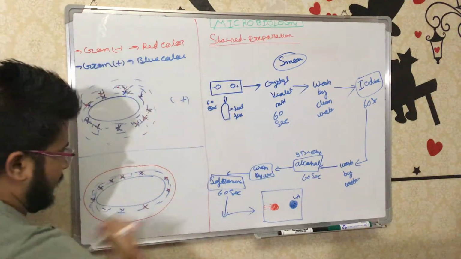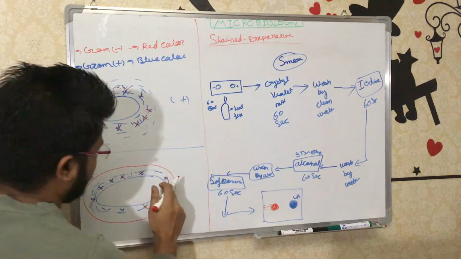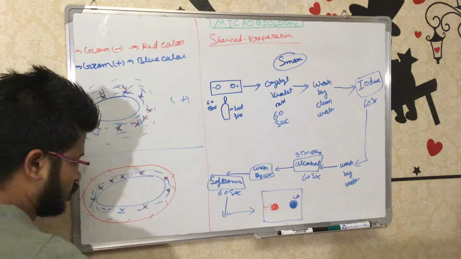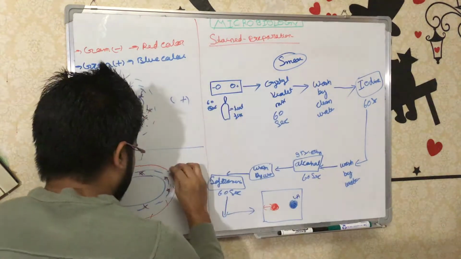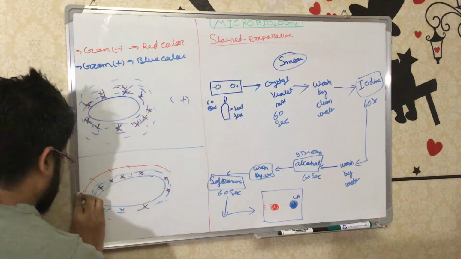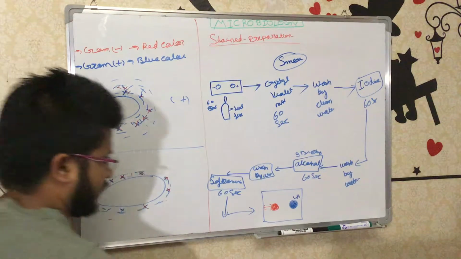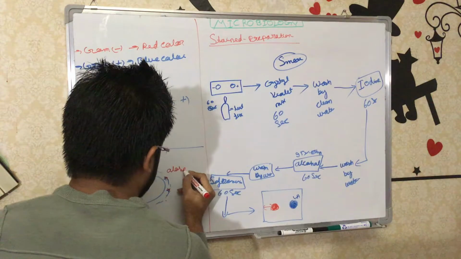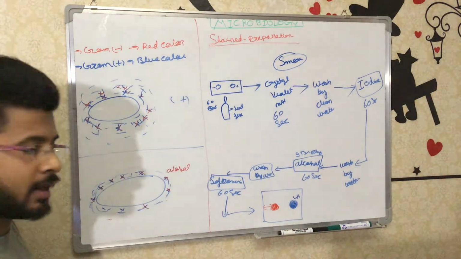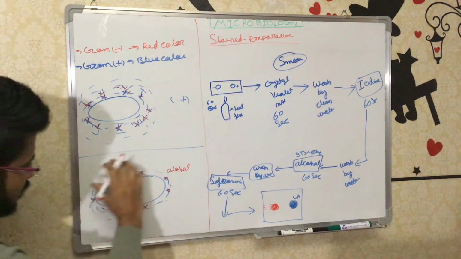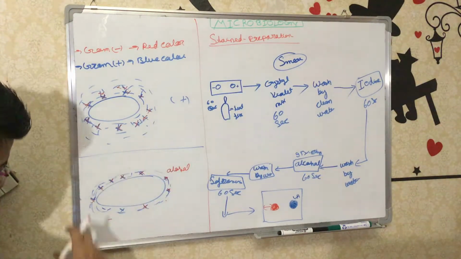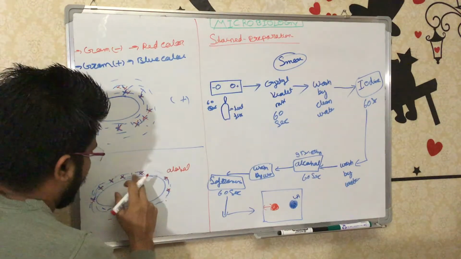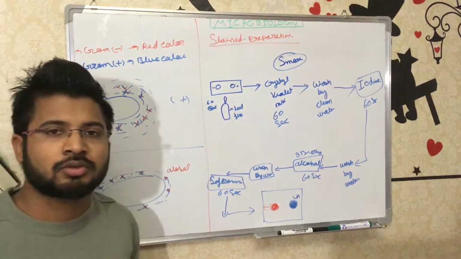Alcohol is lipid soluble, so alcohol will break this cell wall. Whenever alcohol comes, this cell wall breaks down with the help of the alcohol. So alcohol breaks down the outer layer wall, that is the lipid layer, and after that the alcohol will also destroy the complex of the iodine and the crystal violet.